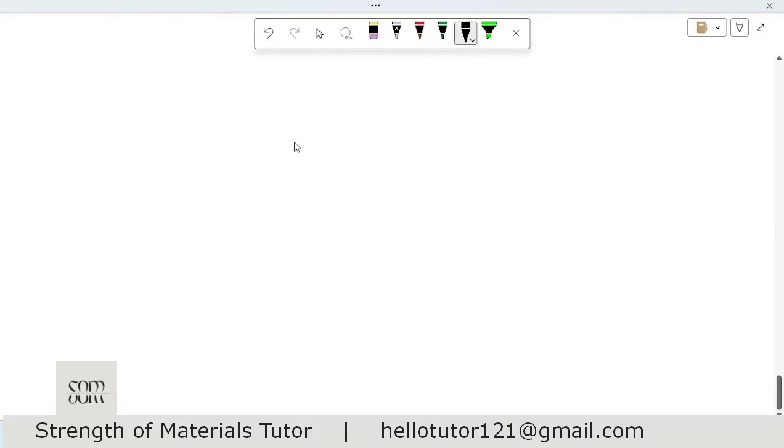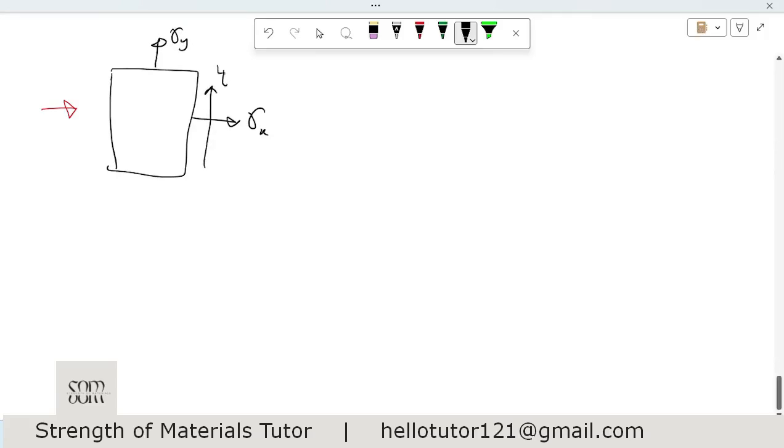So let me now summarize everything from this class. If it is sigma x, sigma y, tau xy, let us say this is the x axis and this is the y axis.